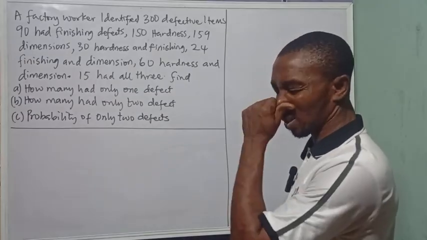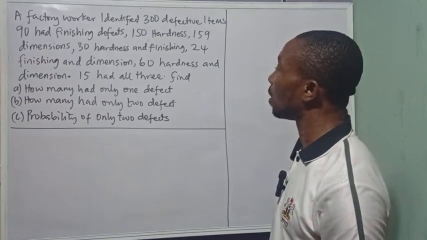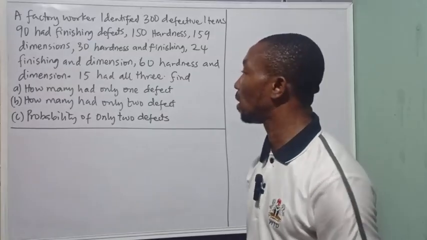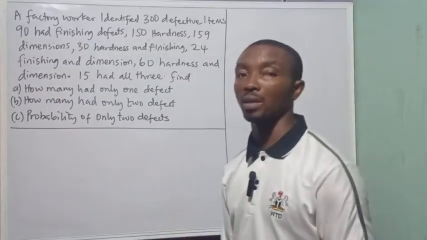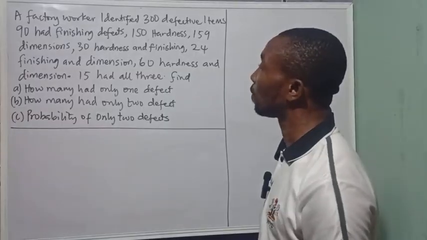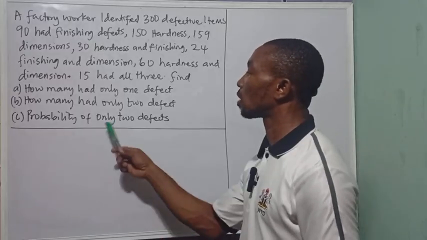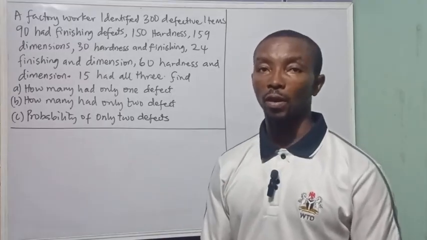Now, our question says, find how many had only one defect, how many had only two defects, and the probability that if an item is picked, it has only two defects.